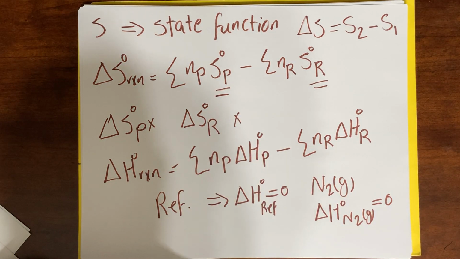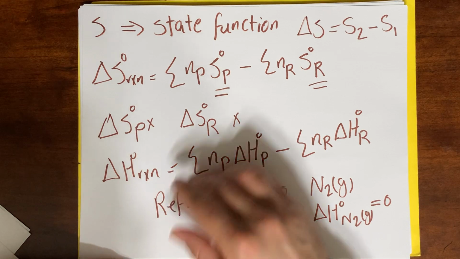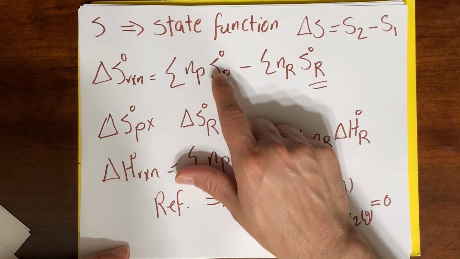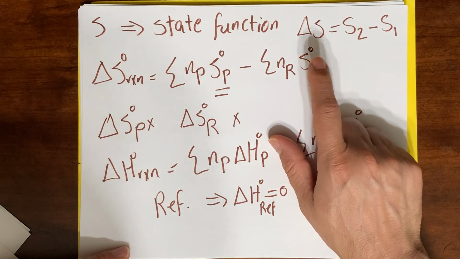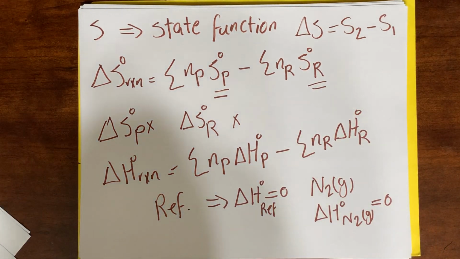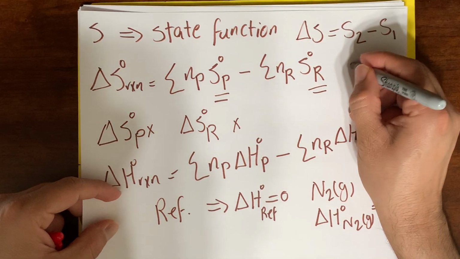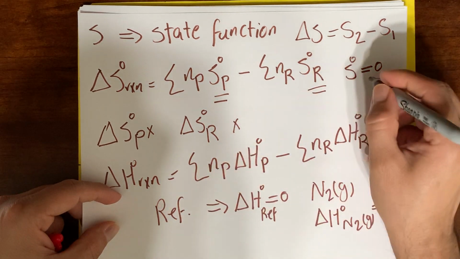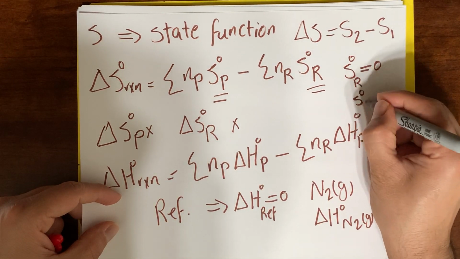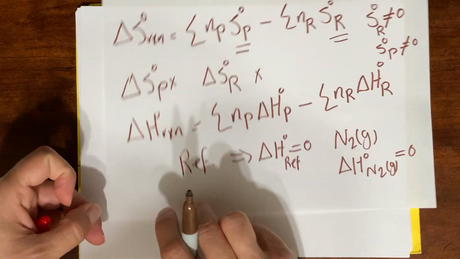Any compound you pick has entropy. There is no compound with a 0 entropy. So that's the reason I'm not saying delta S of the reactant or product. Simply I'm saying entropy. So you can't say this one is equal to 0, whether reactant or product. That's not true. You can't say that.